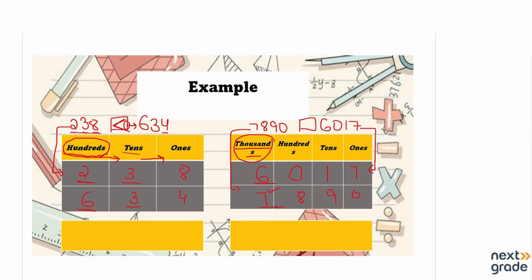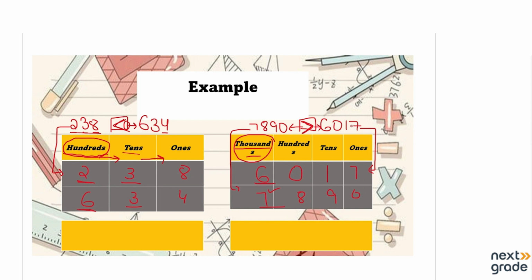Obviously 7 is the bigger one, so 7890 is the bigger one. So we will show this sign. The open side is at the bigger number and the closed side is at the smaller number. So that means 7890 is bigger than 6017.